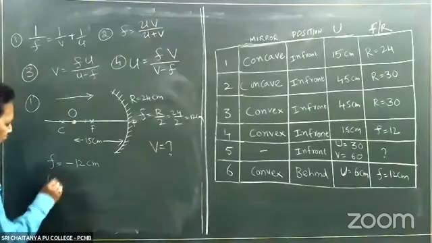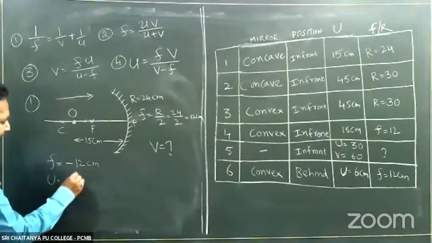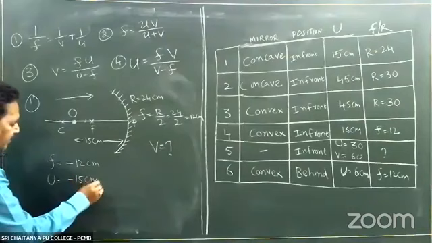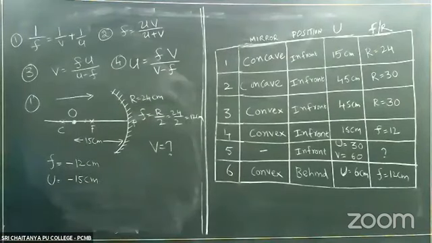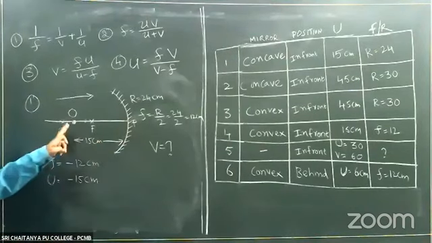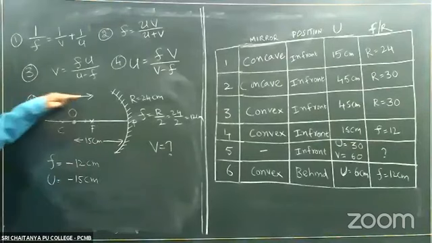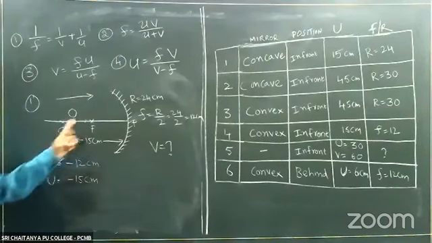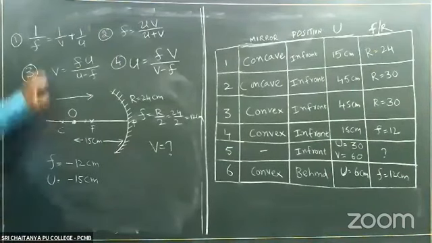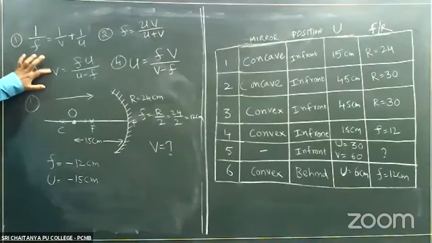U value -15 centimeters, because from P to the object, the light ray is in this direction and we are measuring opposite, so minus. Substitute in this formula.